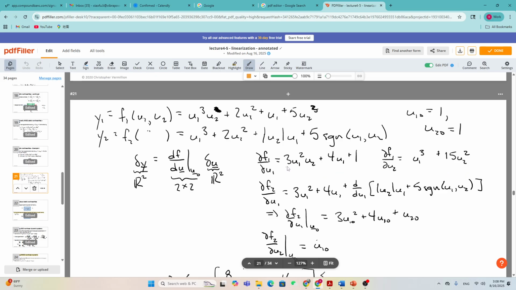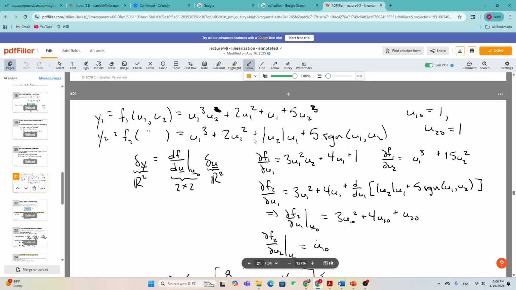As you can see, if you take f1 partial derivative with respect to u1, you get 3u1 squared u2 plus 4u1 plus 1. The other one is also not that difficult, and since the first one is simpler, you don't have this sine function.